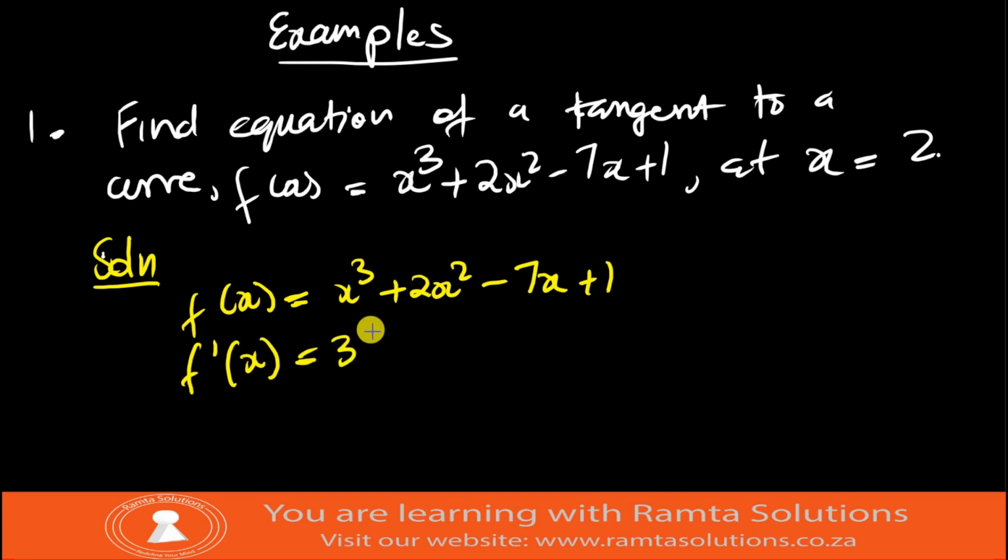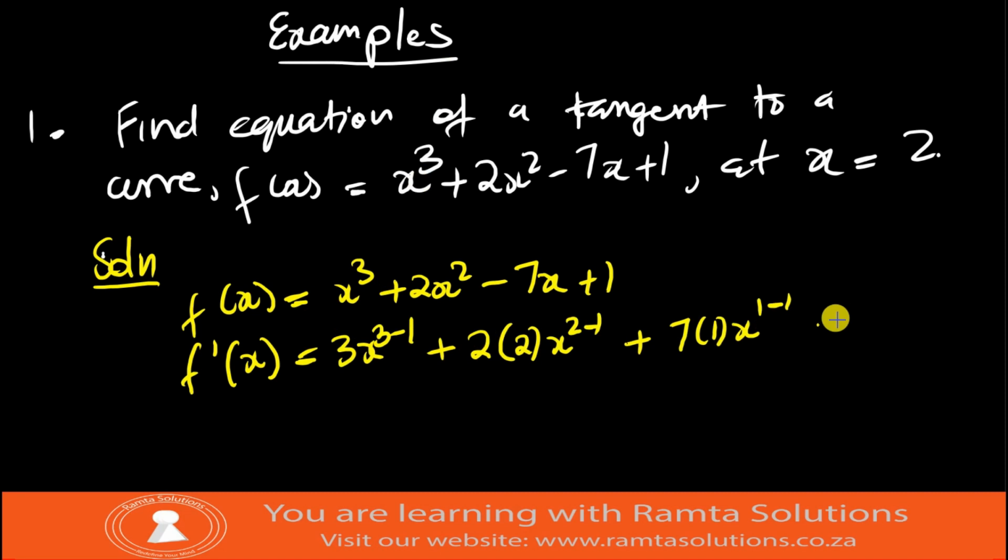This is 3, you drop the power, you are left with 3 minus 1, plus 2, drop the power, and then 2 minus 1, plus 7, the power is 1, drop it, and then it's 1 minus 1, and this is a constant, so it's 0.